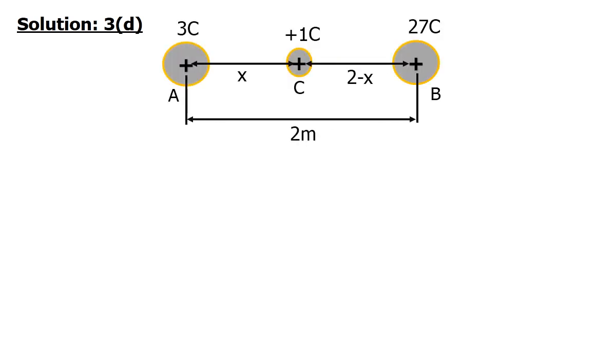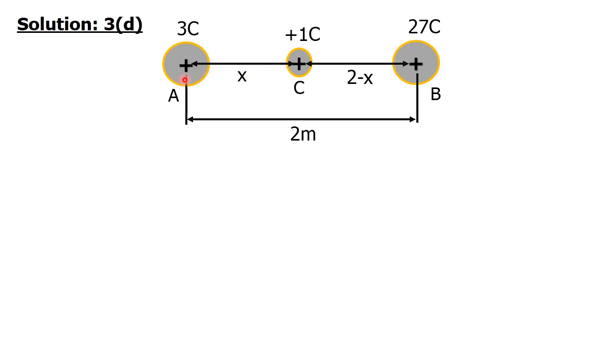Now question number D. The question is, at what point the electric intensity will be 0? Let us consider a figure. In the figure, you can see here the two charges A and B, and the distance between two charges is given 2 meter, and we have to calculate a position where the electric intensity for both charges will be 0.